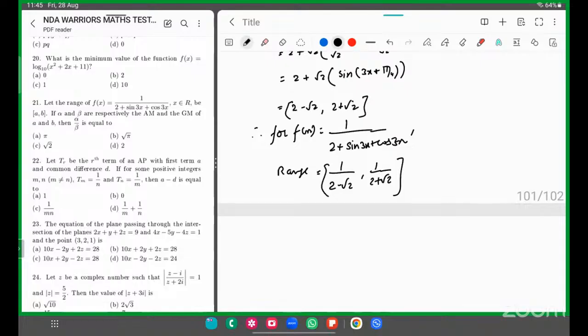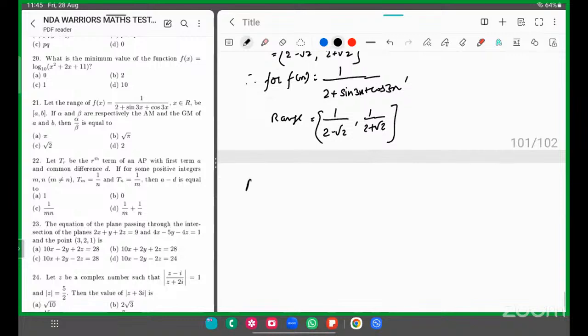Now we have to find the arithmetic mean for it. Arithmetic mean will be equal to adding both of these values, 1 upon 2 minus root 2 plus 1 upon 2 plus root 2, divided by 2. Which we are going to get is 4 by 4 minus 2, into 2, so 2 by 2, that is 1.